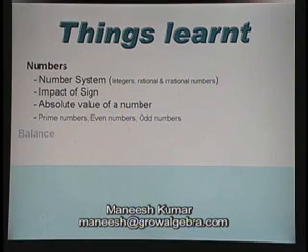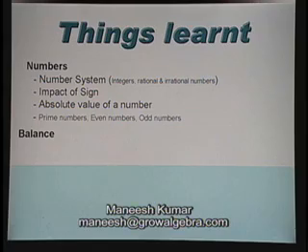Then we talked about even numbers. Even numbers are the numbers which have 2, 4, 6, 8 or 0 as the end. Odd numbers are the numbers which have 1, 3, 5, 7, 9 as the last digits. So this was all about numbers we talked about.